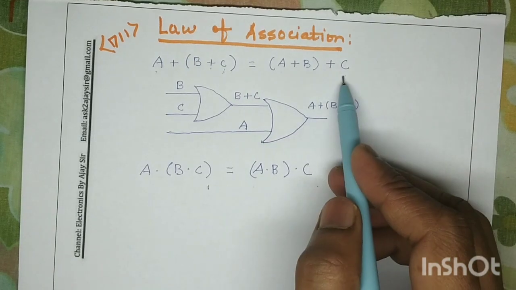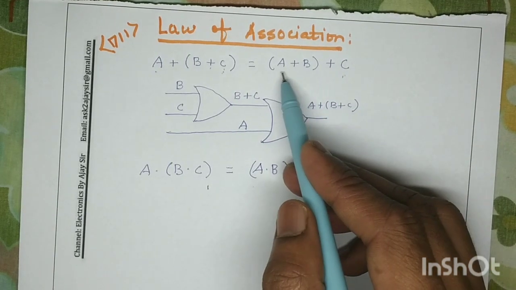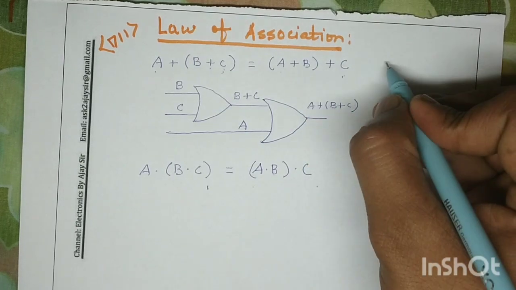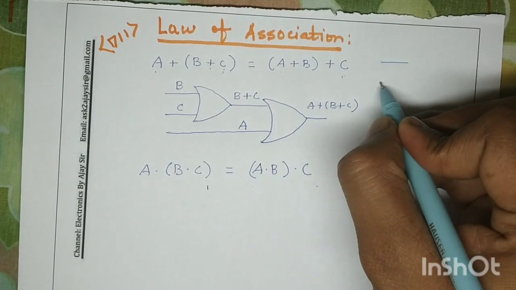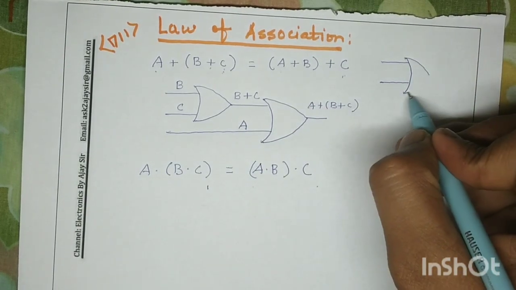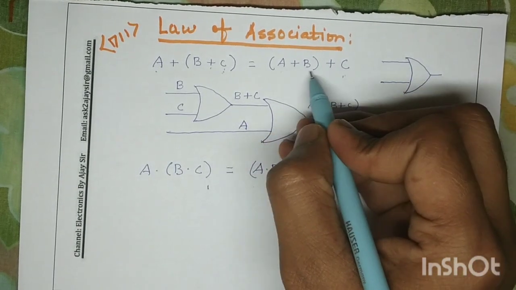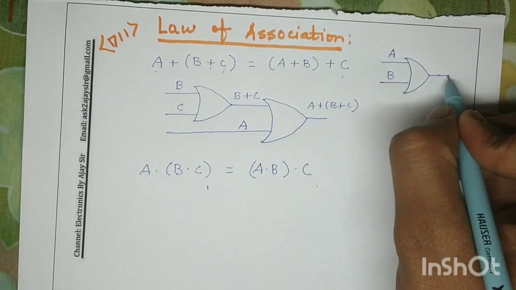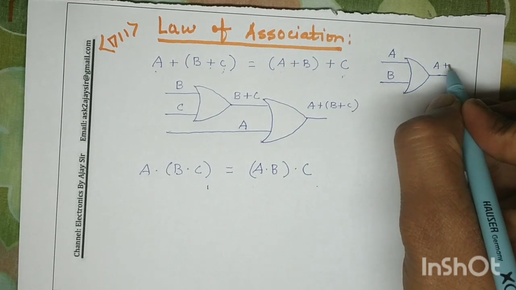Next we will try this expression. In this expression, a plus b is written inside the bracket. So first we will generate this signal, and for this plus I need an OR gate. The inputs are a and b, and the output is a plus b.